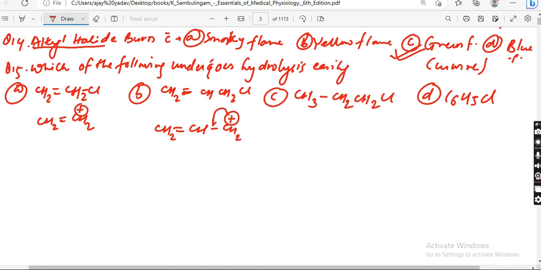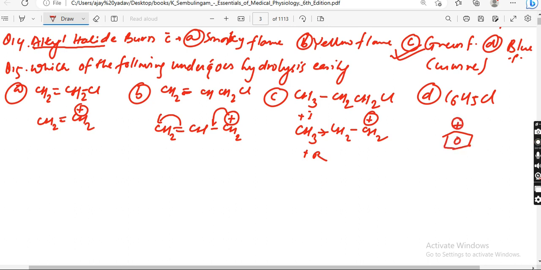Look here, this will move like this and this will move like this, so the positive charge will delocalize. In CH3CH2CH2, plus R effect is shown from here, plus I effect is also seen from here, but again it cannot delocalize.